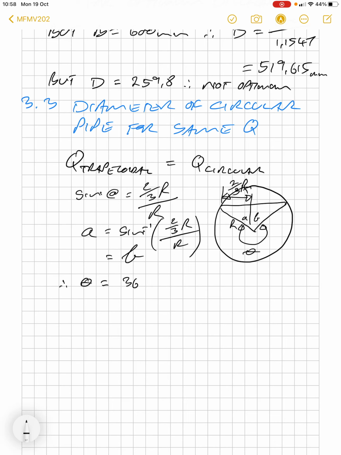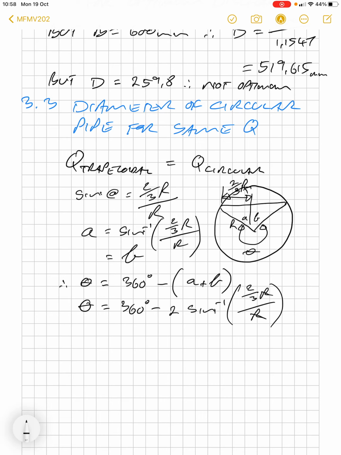So therefore, theta is equal to 360 degrees minus a plus b, and theta is equal to 360 degrees minus 2 arc sine of 2/3 r over r.